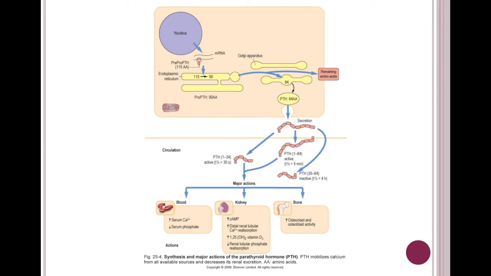It has a relatively short lifetime, and it's split into an inactive part and an active part. The parathyroid hormone has actions in the blood to increase the serum calcium and decrease serum phosphate, in the kidneys to resorb calcium back into the blood, and in the bone to increase osteoclast activity to promote the resorption of bone to increase the serum calcium.